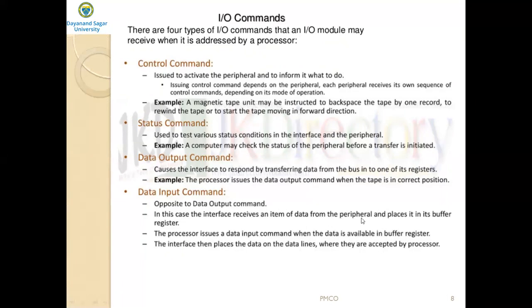The CPU will get this data from this input register by issuing the data input command. The interface then places the data on the data lines, that means the data bus, where they are accepted by the processor. So this is how the data input command is used to read data from the input device or the peripheral device, input peripheral.